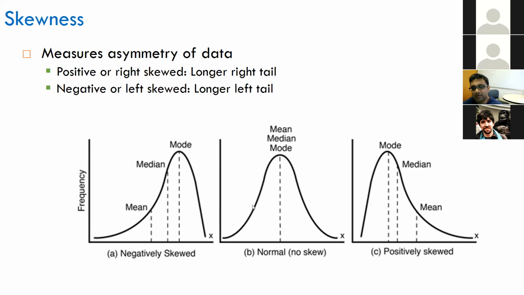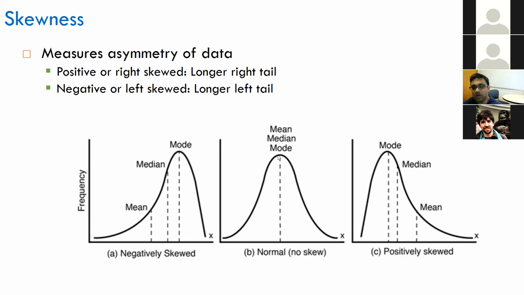Theoretically, you will get a data set like this. We call it a bell-shaped distribution, a normal distribution, with no skewness. If you don't have skewness, you have a bell-shaped distribution, and your mean equals your median.